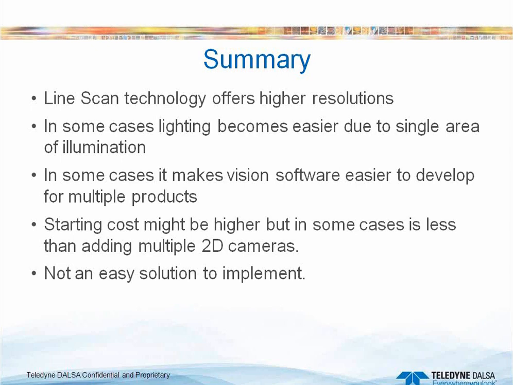The starting cost is a little more expensive than 2D. You can do things with smart cameras for $2,000, whereas in the vision systems you're starting at $6,000 or $7,000. But if you look at cases where you have to add so many 2D cameras to see a larger product, it pays off to do that.